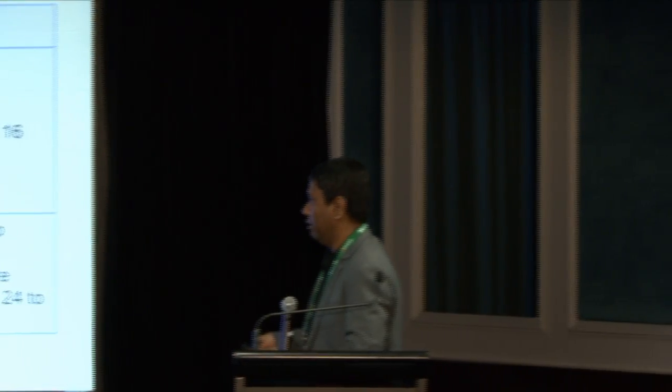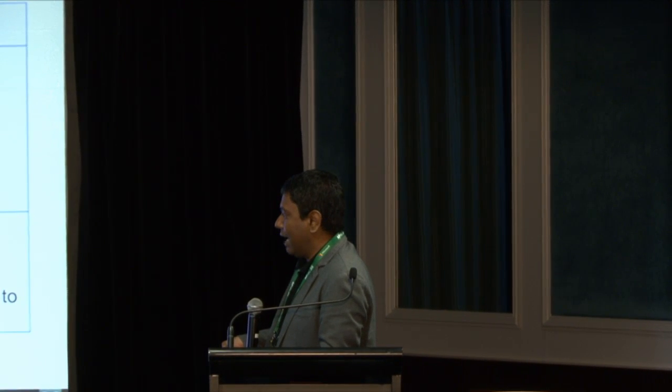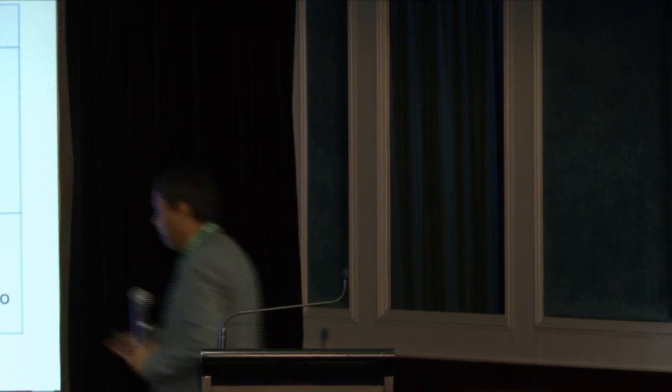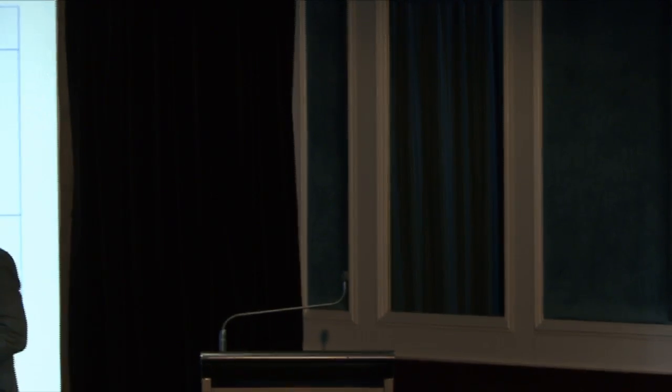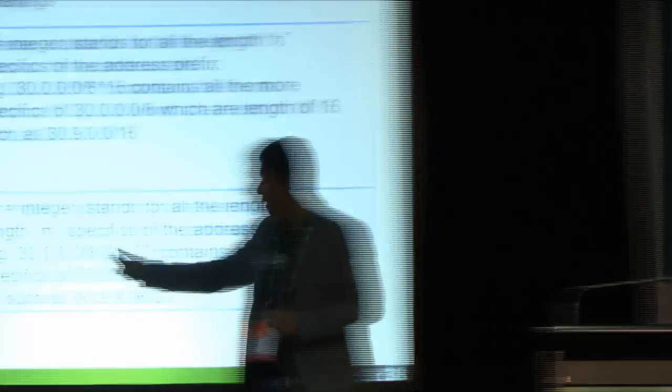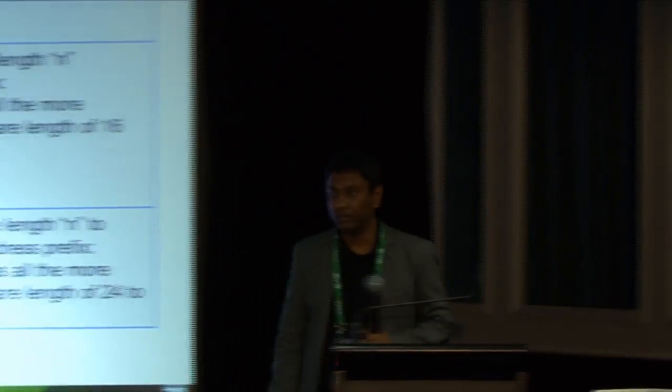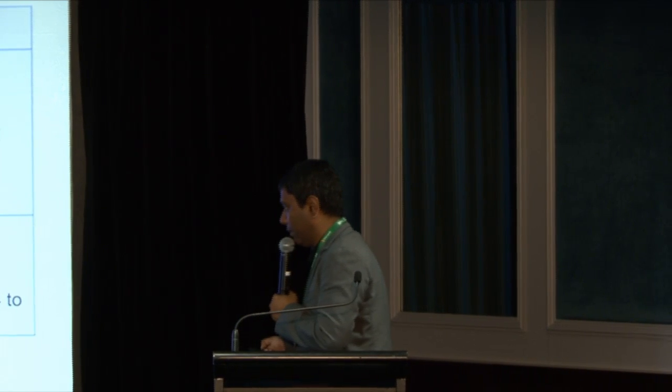If you use n minus m integers, for example 5.0.0.0/8 hat 24 minus 32, it means within the range, all the prefixes of those lengths will be matched.